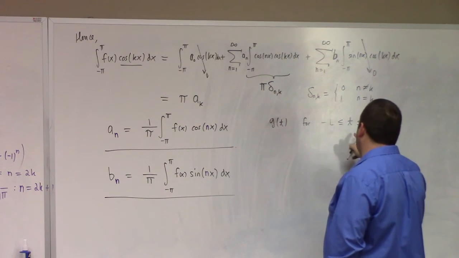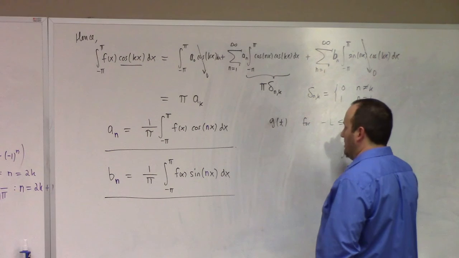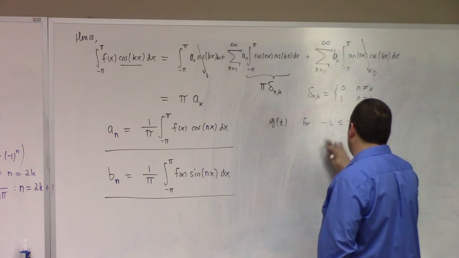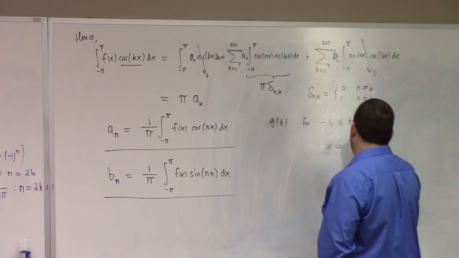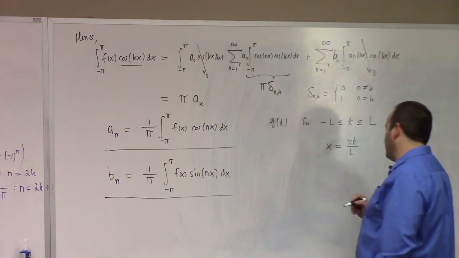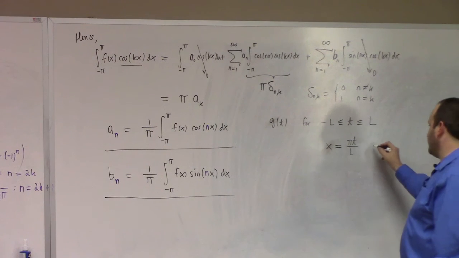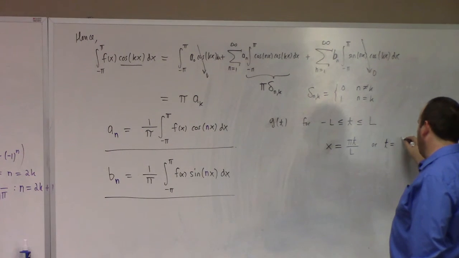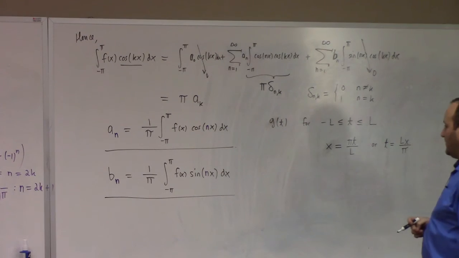You put x equal to pi t divided by L, or t is equal to Lx over pi for the other way around.